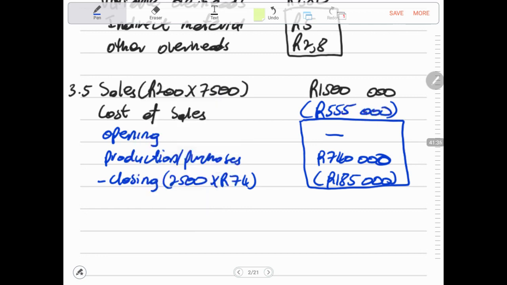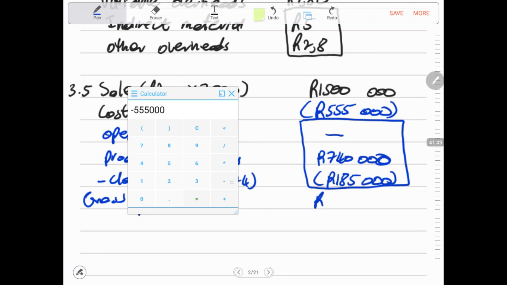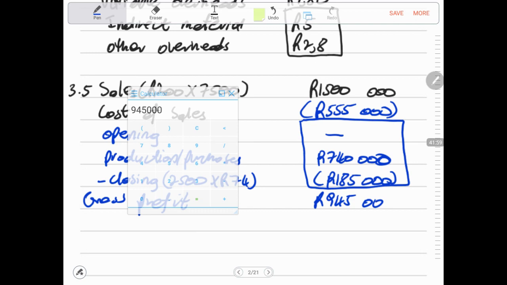This is how we would have done it in financial accounting. Then we get to what we call gross profit. Therefore our gross profit will be the difference between 1,500,000 rands and 555,000 rands. Then our gross profit will be 945,000 rands.